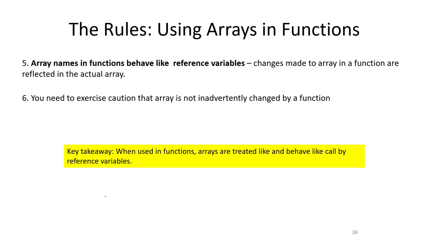Next couple rules. Arrays are passed by reference. So when you use an array in a function, changes made to that array will be reflected in the actual array in the memory. So arrays automatically use pass by reference.